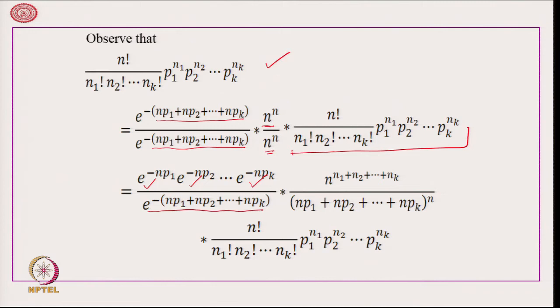The denominator we keep unchanged, and in the numerator we write n to the power n_1 plus n_2 plus ... n_k, divided by this n to the power n, which we write as (n p_1 plus n p_2 plus ... n p_k) whole to the power n, multiplied by the standard density thing, n factorial upon n_1 factorial etcetera, p_1 to the power n_1, p_2 to the power n_2, ..., p_k to the power n_k.